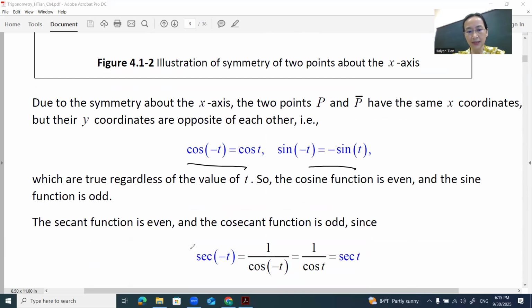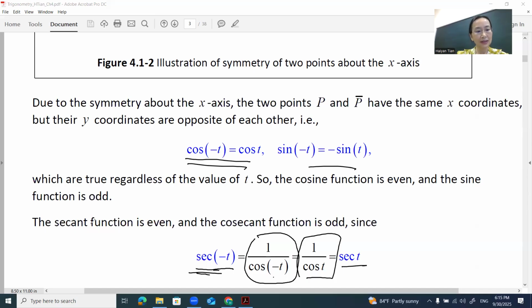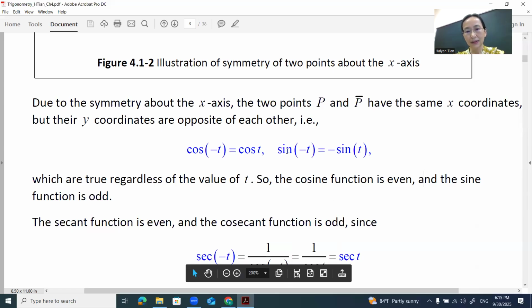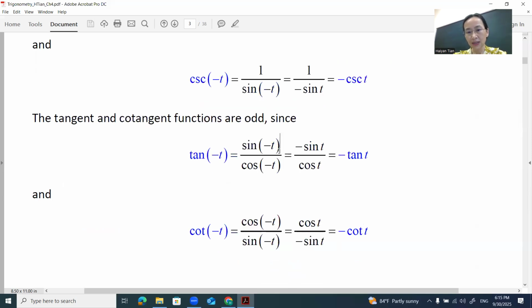So if we know that, then how about secant? Because cosine is even, secant is also an even function, because secant is the reciprocal of cosine, right? When cosine negative t is the same as cosine t, then we can verify that secant is even as well, just like the cosine function. And the sine function is odd.